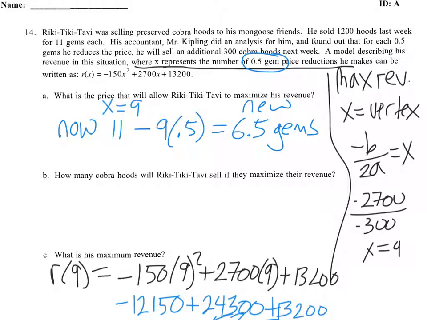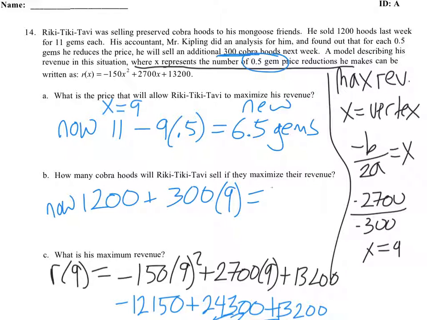Okay. How many Cobra hoods will he sell? So it's 300 Cobra hoods additional. So we're looking at 1,200 plus 300 additional hoods times 9, and that's going to be 3,900 Cobra hoods being sold.